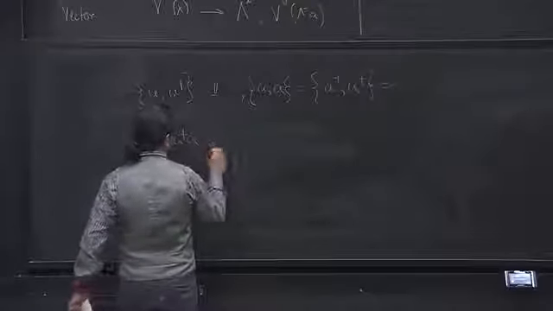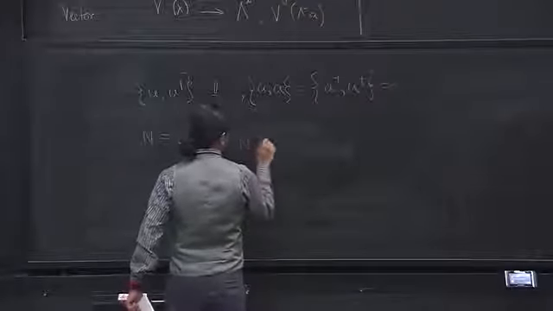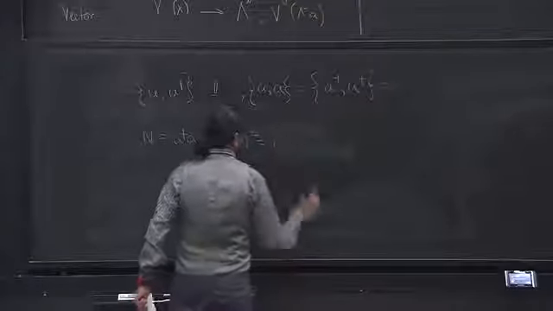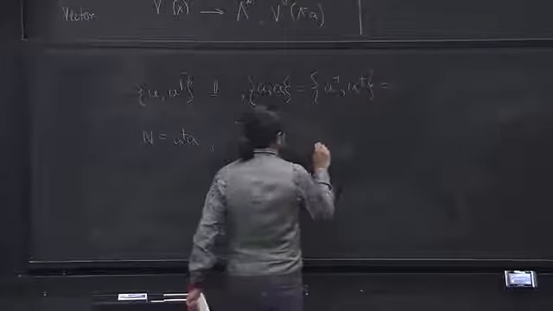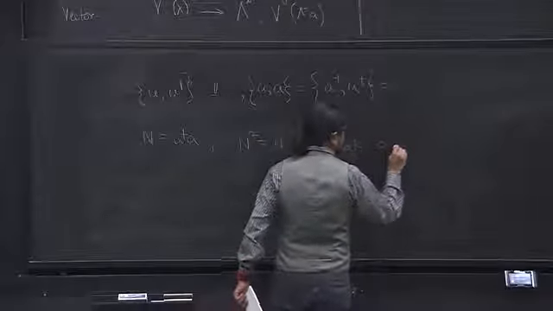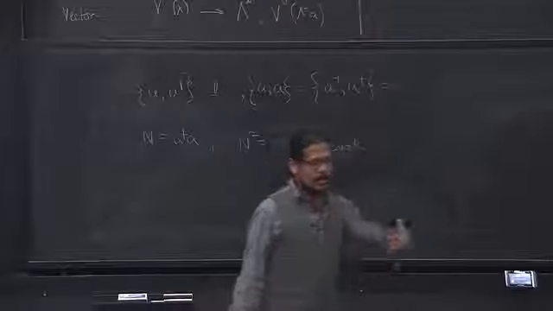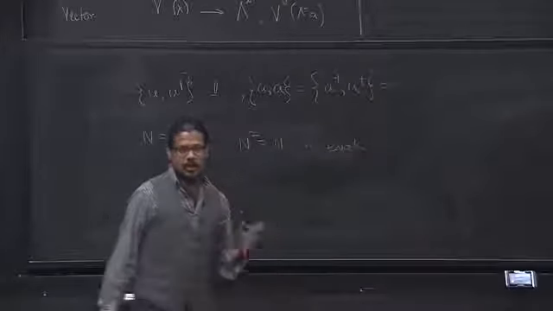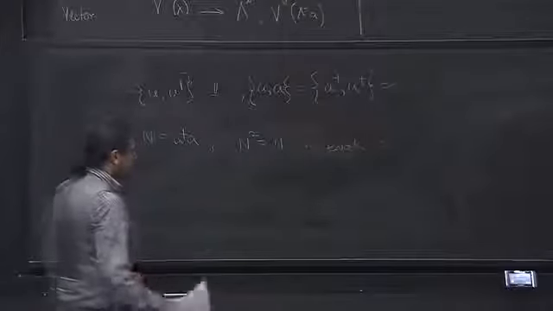This is Hermitian, so it has real eigenvalues. Using these relationships, you can show it just squares to itself, which means that its eigenvalues are 0 and 1. Because it only has 2 eigenvalues, occupied or not occupied, that's why it's a fermionic number operator.